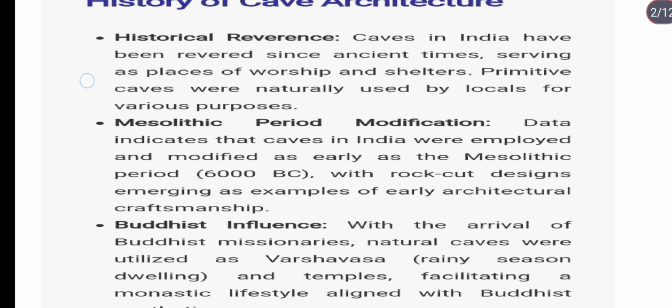Modification data indicates that the caves in India were employed and modified as early as 6000 BCE, with rock-cut designs embodying early architectural examples of Buddhist influences. With the arrival of Buddhism, natural caves were utilized, and also the temples and monuments, for the lifestyle of the Buddhists.